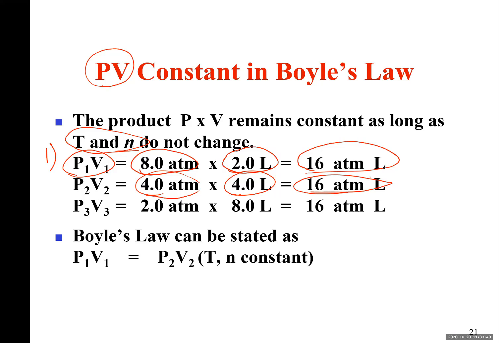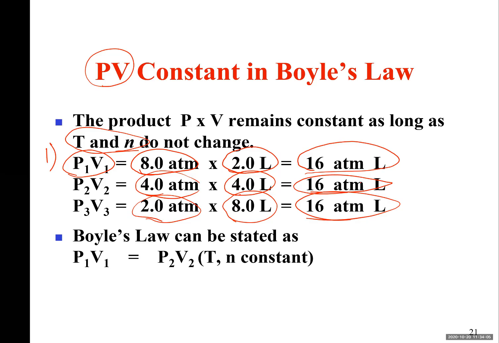And then I get the same gas, same temperature, same amount of the gas. And this time, I start with a pressure of 2 atmospheres. The volume is going to be 8 liters. When I multiply pressure and volume, the product is the same.